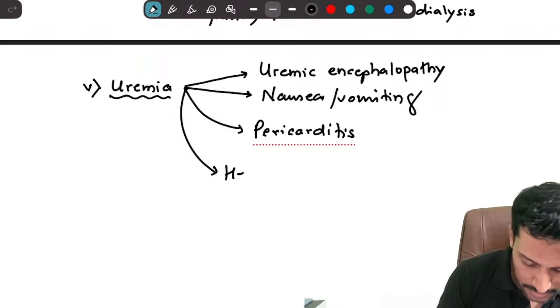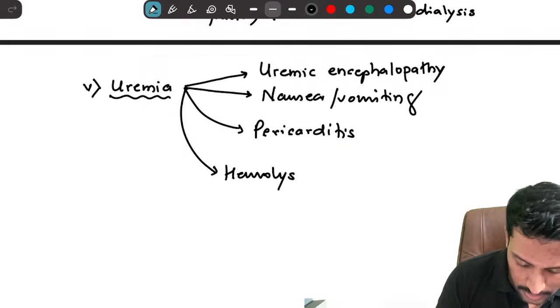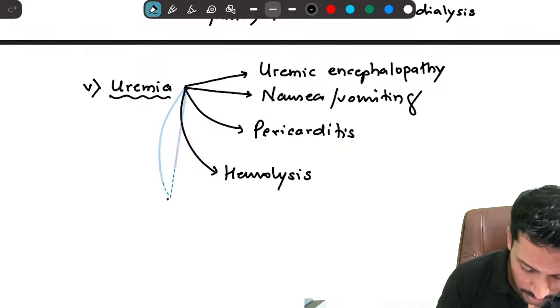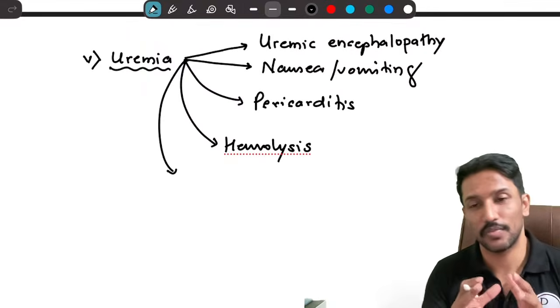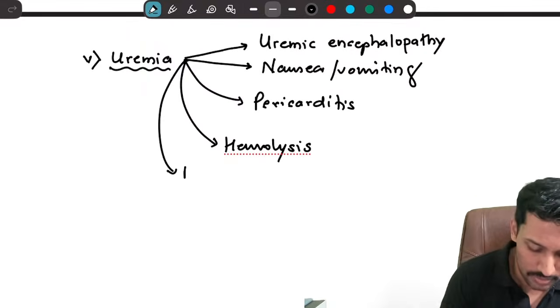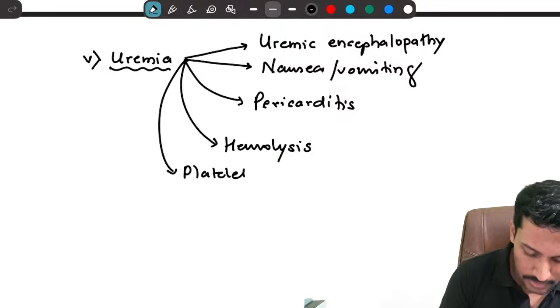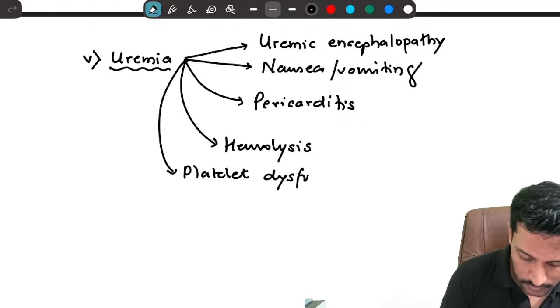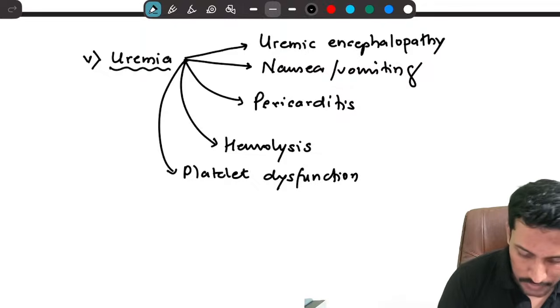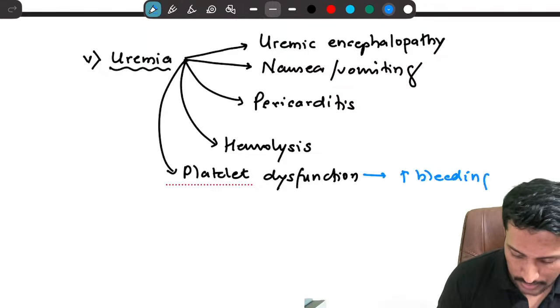So you will have damage to the RBCs resulting in hemolysis. High urea also becomes a toxin to the platelets, so it can cause platelet dysfunction. Because of the platelet dysfunction, there is increased bleeding risk.